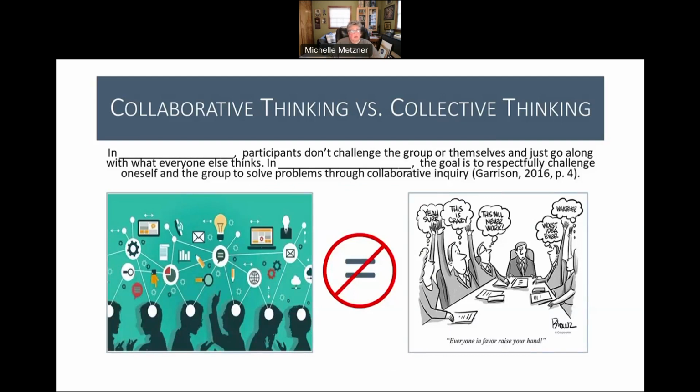So, that first blank, where people don't challenge the group or themselves, I think that's going to be collective thinking. Then in the second one, in which the goal is to respectfully challenge oneself and the group, I'm going to say that sounds like collaborative thinking. And that would be correct. Good job if you got those right. I certainly hope you did.